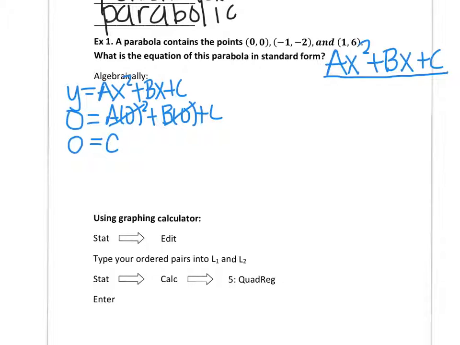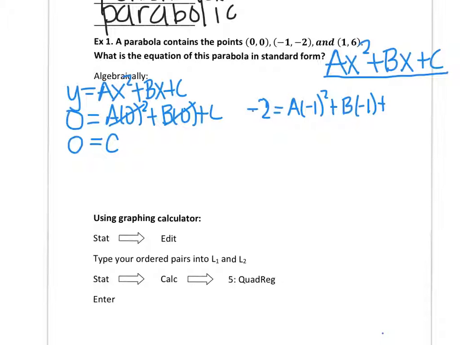Okay, so we're going to do the same now for the other 2 points. So I'm going to take (-1, -2) and I'm going to sub it in for my x and y points. Now, what do I know c is?